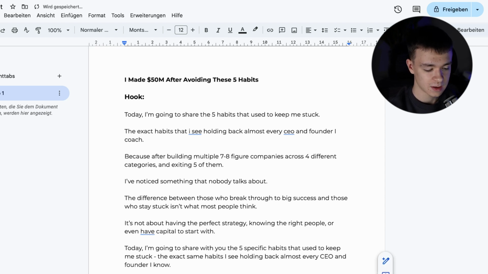We can say either number. These are 5 habits. You can say number 5, just so people stick around to number 5, which would probably make even more sense. But honestly, you kind of drag it out with that. And you just say, number 3 might be hitting harder than you realize.